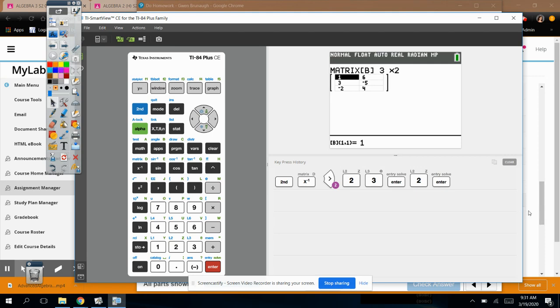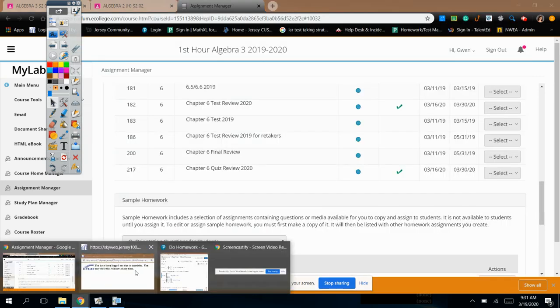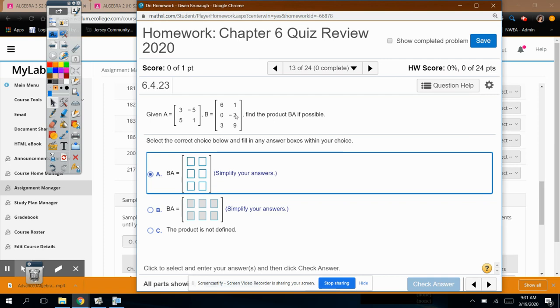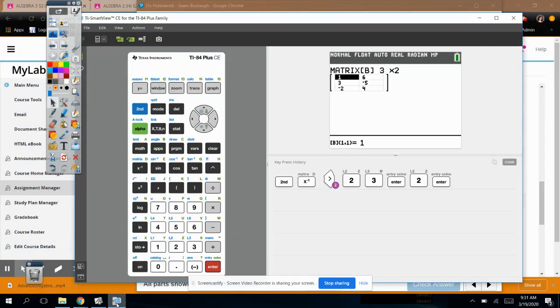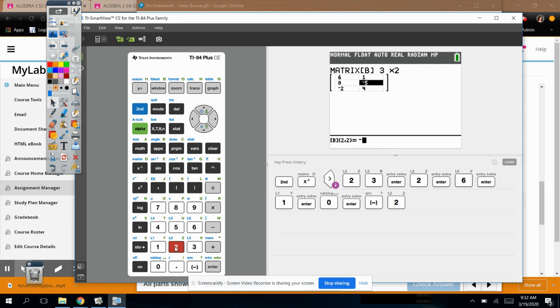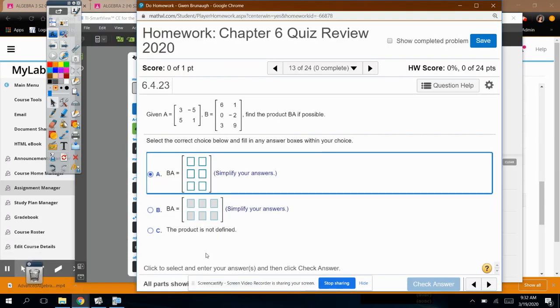Okay, and the numbers are, what do we got here? 6, 1, 0, negative 2, 6, 1. I think it's 3, 9. I'll double check. Was it 3, 9 at the end? Yeah, all right. And now we're going to put in A, which is a 2 by 2.